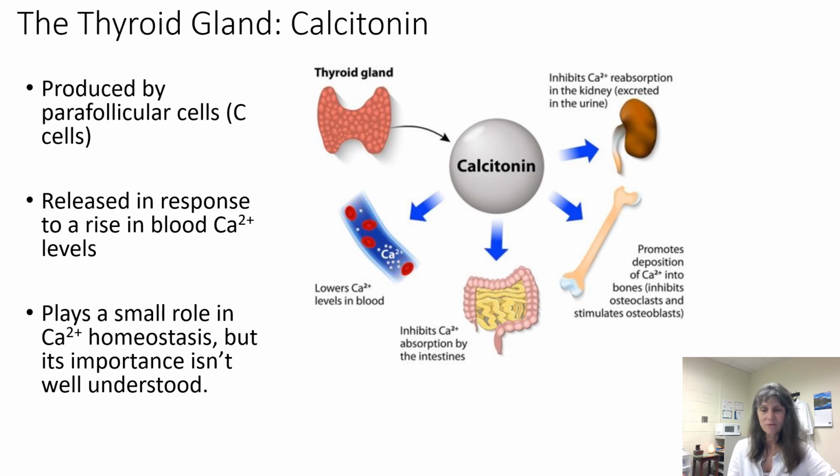So again, the roles of calcitonin are not well known, but if there's too much or higher levels of calcium in the bloodstream than normal, it helps to get rid of that excess calcium by excreting it in the urine, inhibiting it being absorbed in the intestines, and promoting the deposition of calcium into bone.